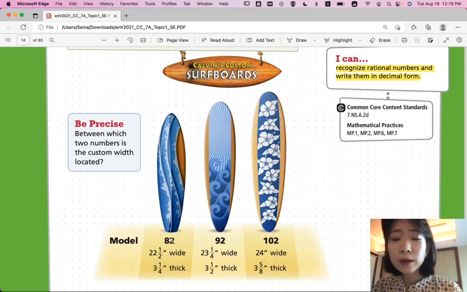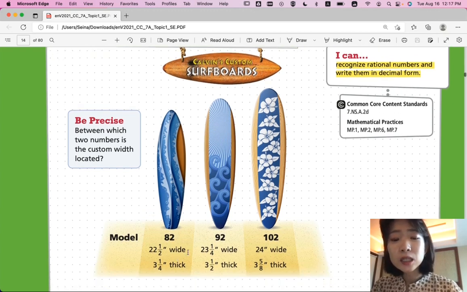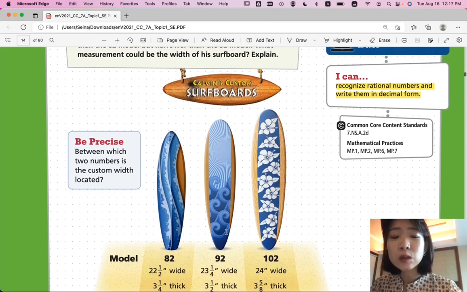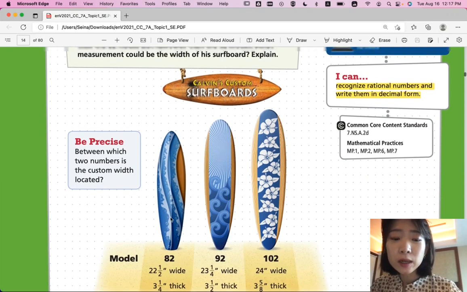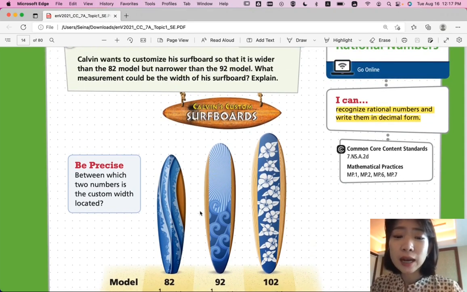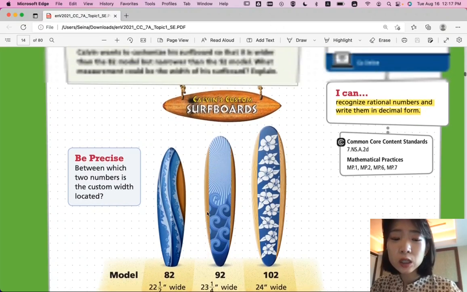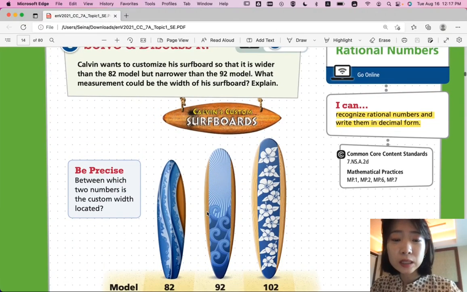So the width for model 82 is 22.5 inches wide, right? And model 92 is 23 1/4 inches wide. So if it's wider than the 82 model but narrower than the 92 model, what measurement could the width of his surfboard be?